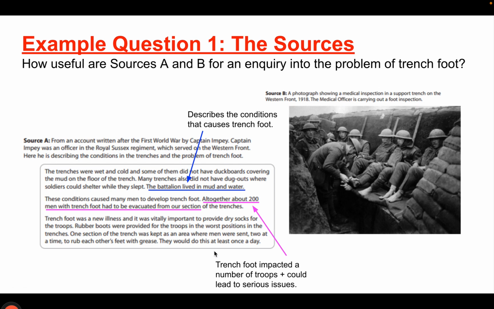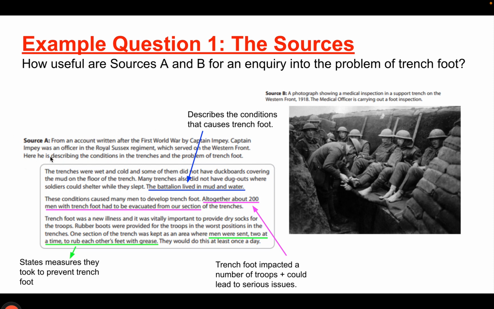This shows that trench foot impacted a number of troops and could lead to serious issues, once again addressing the inquiry. And finally, that men were sent 2 at a time to rub each other's feet with grease, and it's stating there the measures they took to prevent trench foot. So this source is absolutely chock-a-block with information relating to the inquiry question, so it is useful to us.